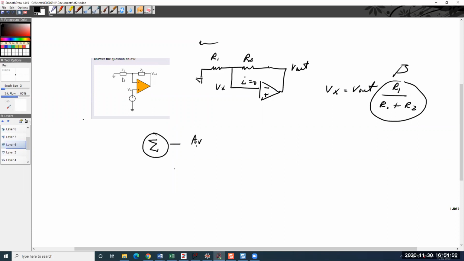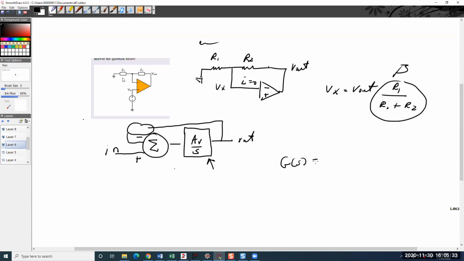So if I make my summer, and in the problem for today, the in-class thing, it was just Av divided by s. Then for the signal flow graph, we come in on the negative side, but rather than a function G of s, there is no s dependence.